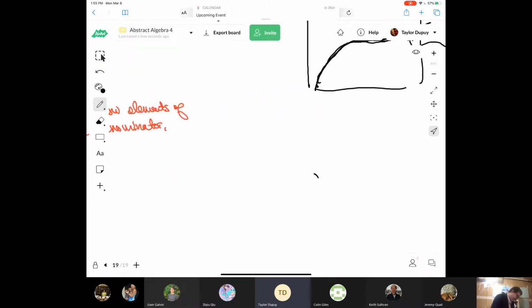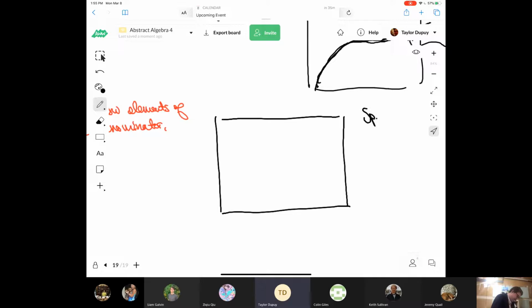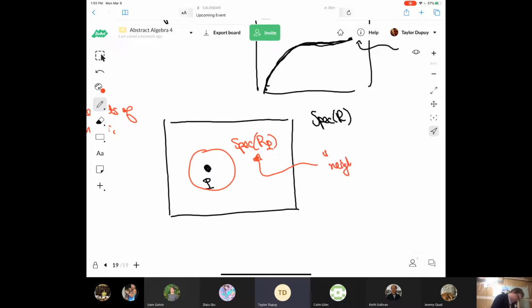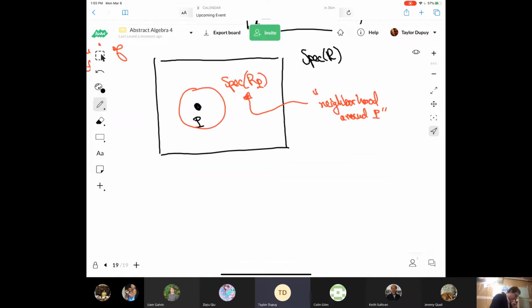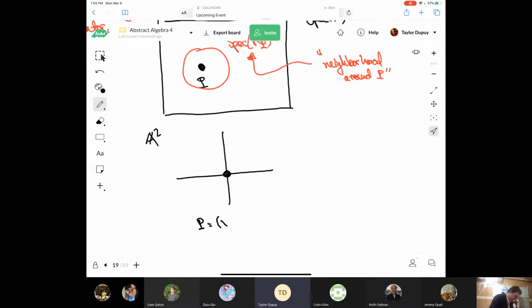And so this one here is that if you have a prime ideal, here's Spec R, and here's P. Then Spec of R_P is like a neighborhood around P. One way to think about it is in C^2, in A^2, at the origin, if P is equal to (x,y), so this is Spec of C[x,y] localized at (x,y), right?